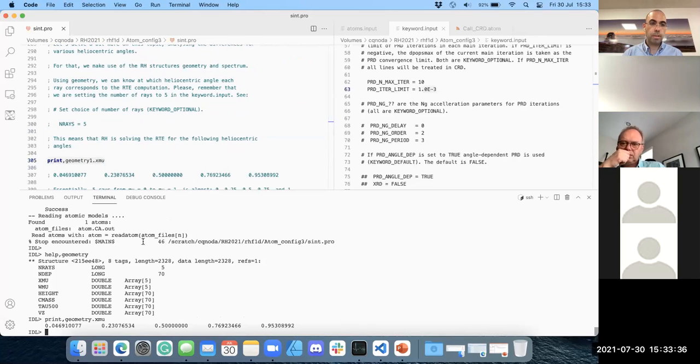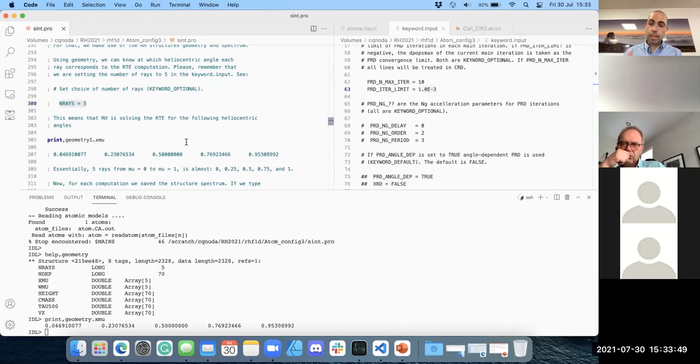And those values are the heliocentric angles at which RH solves the radiative transfer equation, okay? So then we can, in fact, check the intensity profile for different heliocentric angles. We are using solve ray for computing mu equal 1, but the code already for solving the non-LT problem is computing also the intensity for 5 different heliocentric angles.